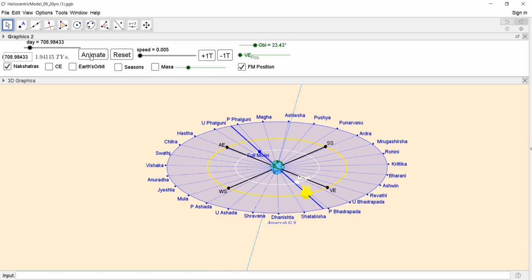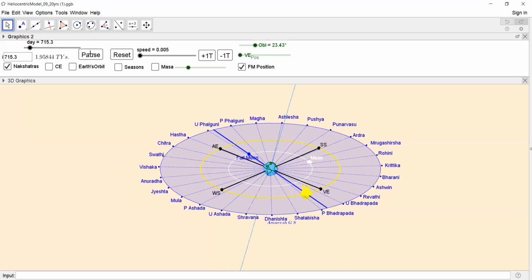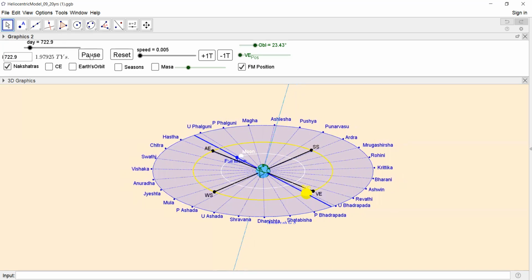So let us see the position of the full moon of the first month of the new lunar year. Because 24 lunar months have gone by, 2 years, I'm going to call this lunar month again Chaitra.